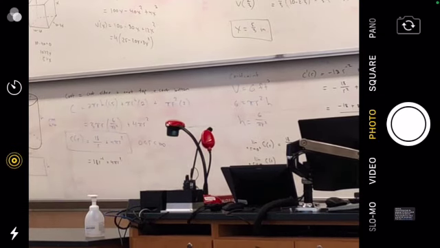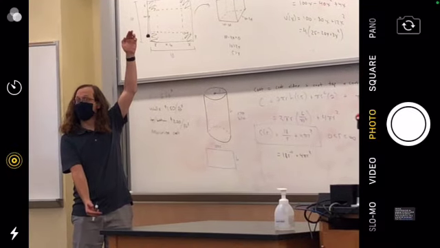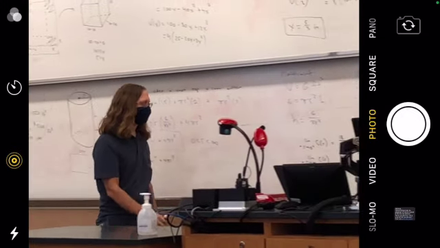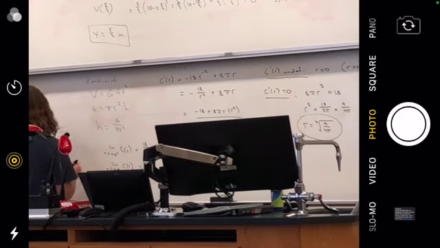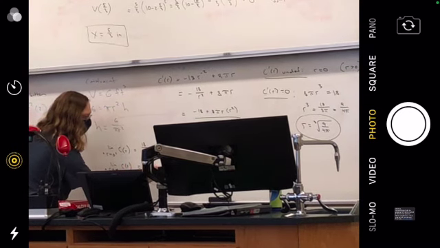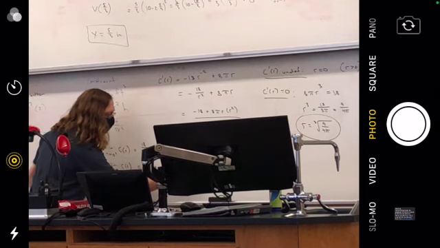My radius goes to 0. Basically, I have this infinite height, and that infinite height I still have to make. What about as r goes to infinity? 18 over infinity plus infinity, so 0 plus infinity, I get infinity.